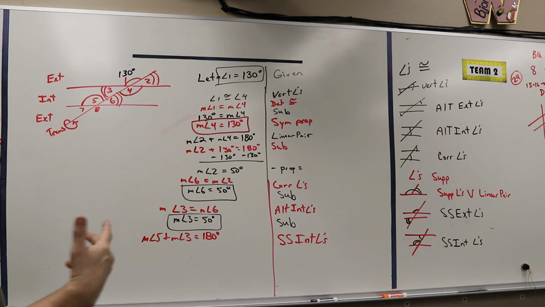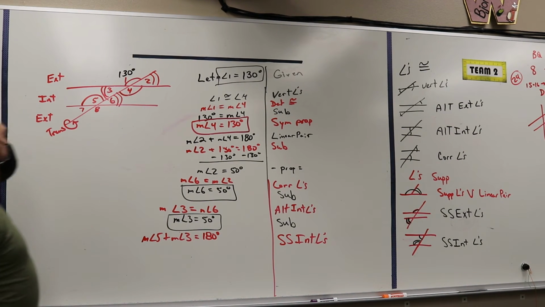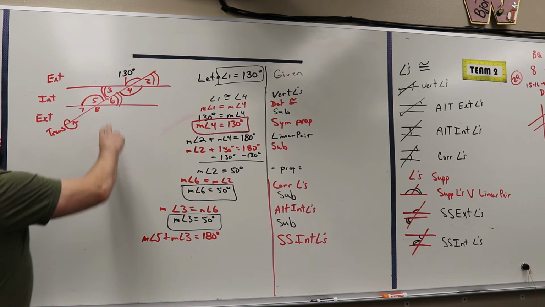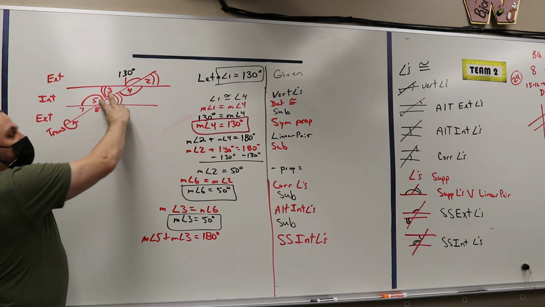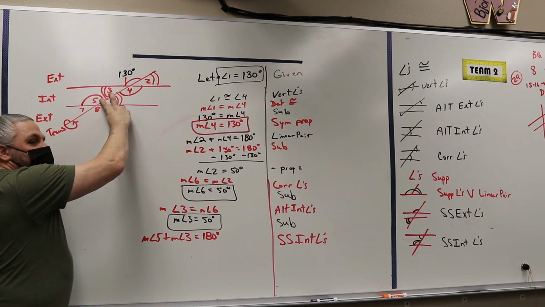How did we get there? Wouldn't the angle 5 plus angle 3 be angle 1 though? Wait, no, never mind. Remember, same side interior means they're on the same side and they're both inside.